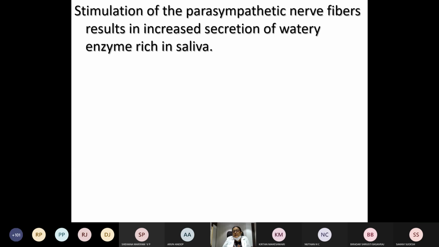Stimulation of the parasympathetic nerve fibers results in increased secretion of watery, enzyme-rich saliva.